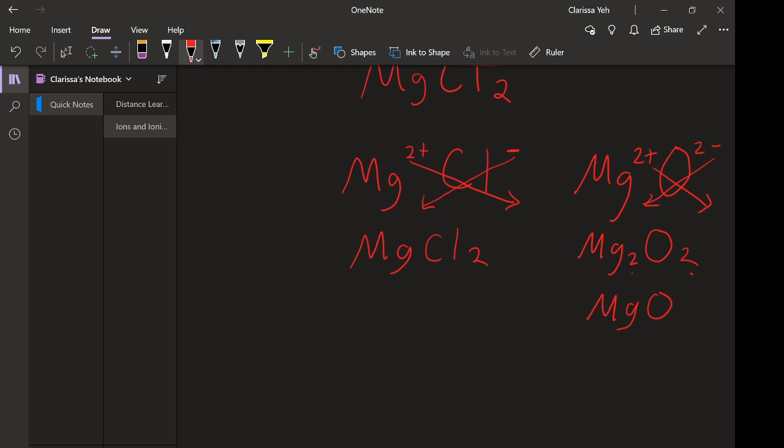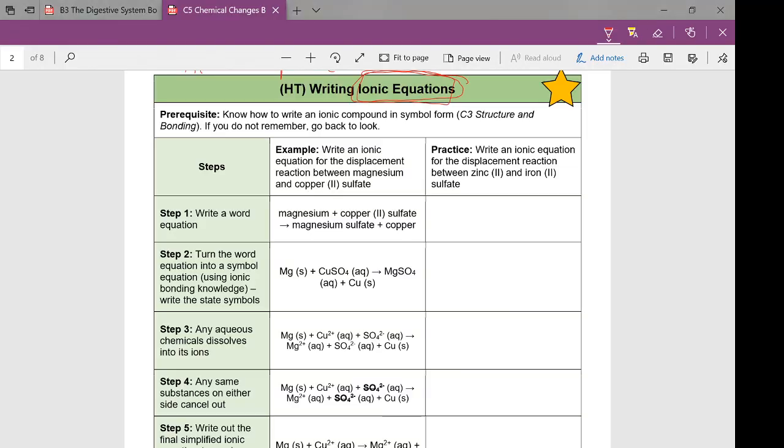Okay, so that was just a recap. Now we're going to move on to writing ionic equations. Ionic equations are basically like chemical equations that use symbols, but they show the actual ions, so they actually show the charges.